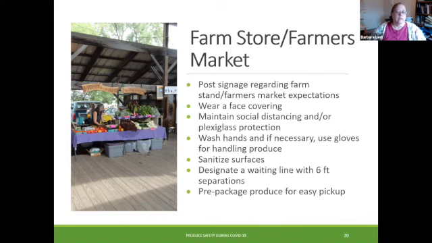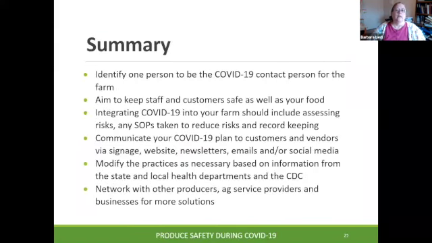All right. So in summary, basically, really that one person who's the COVID contact person in there. It could be the same person who does farm safety if you have to have one designated. I also posted a thing to the group to remember that many of our small farmers, they're going to be the COVID contact person, they're going to be the packer, they're going to be the salesperson at the market.